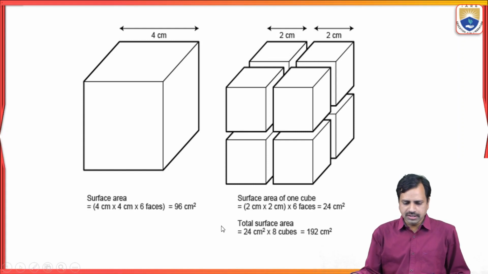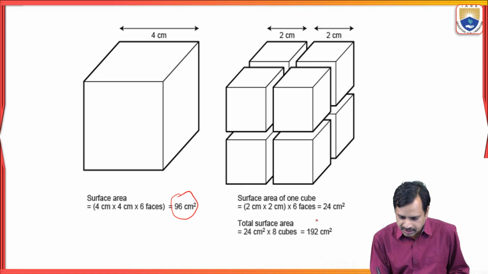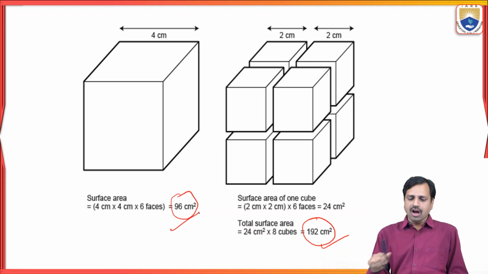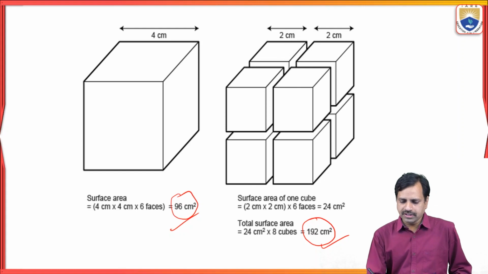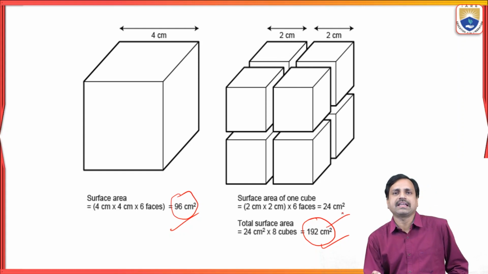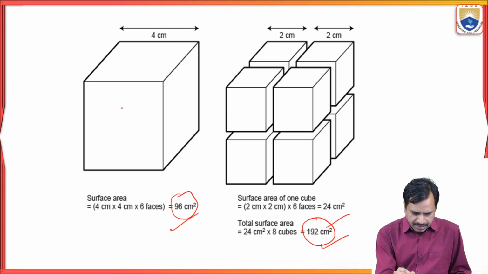Now we can see the surface area of the bulk cube is 96 centimeters square. The surface area of the cut cubes together is 192 centimeters square. You can see how much the surface area has increased. So this surface area plays a prominent role in catalytic reactions.